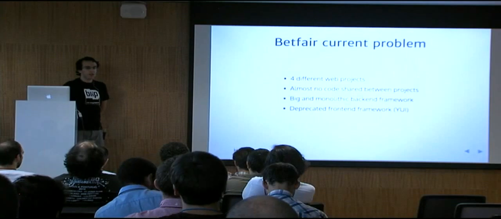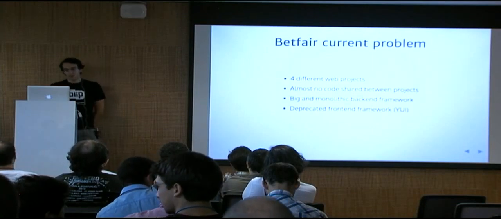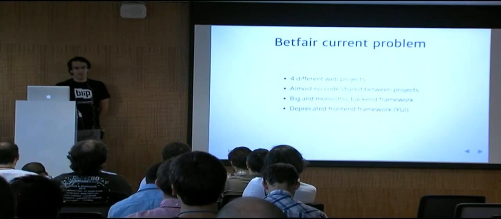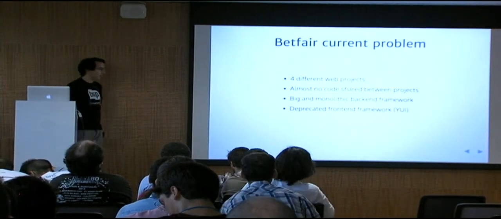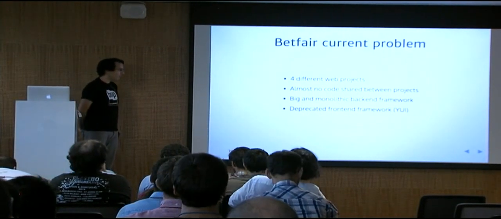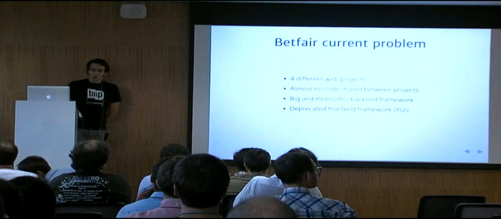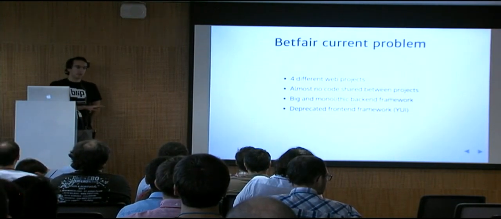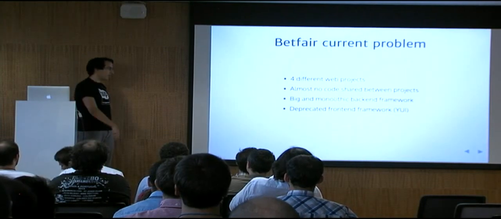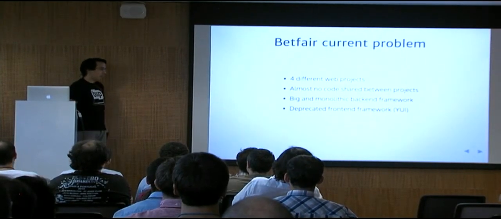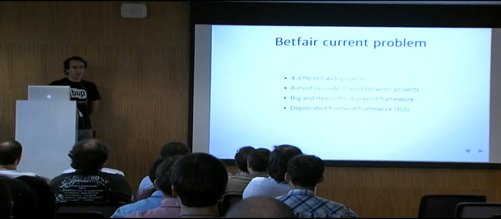In terms of technology, Betfair was having a huge problem maintaining the 4 different projects that Betfair currently has, because almost no code is shared between those projects. Besides web projects, we also have iOS, and we had in time Android applications.